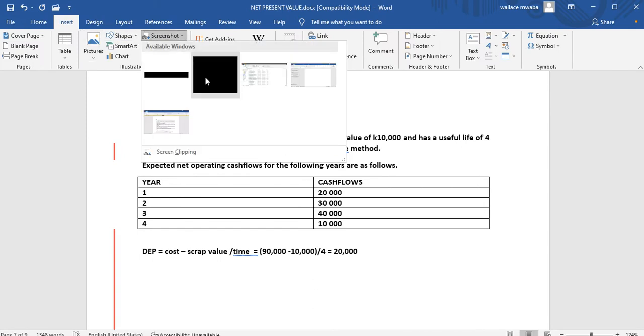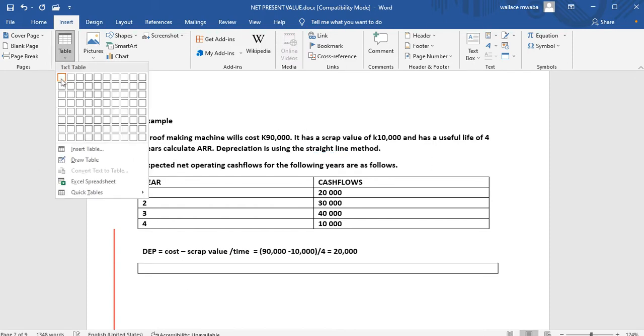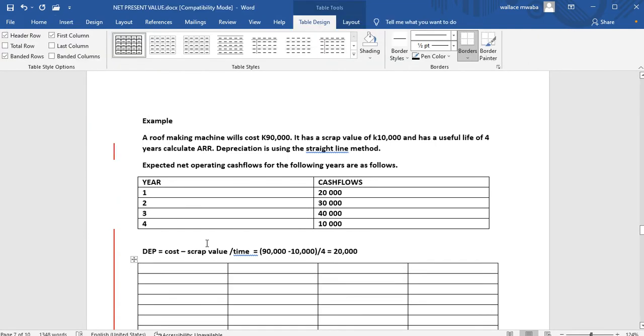We're going to insert a table and name the columns: year, cash flow, depreciation, profit. So now, since we have our depreciation value, we can calculate the profit of each year.